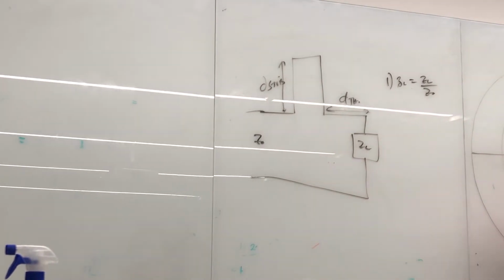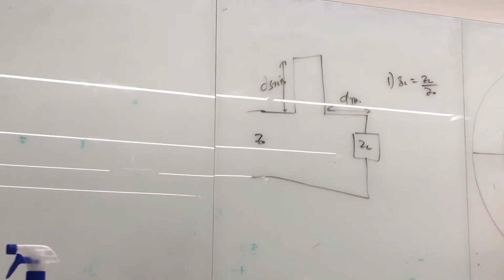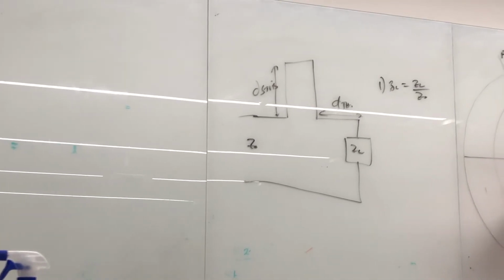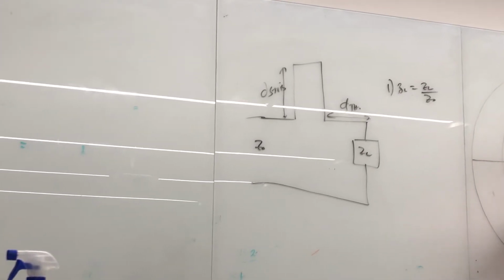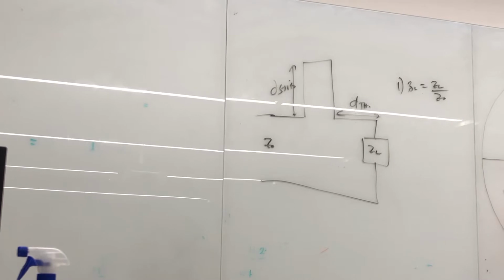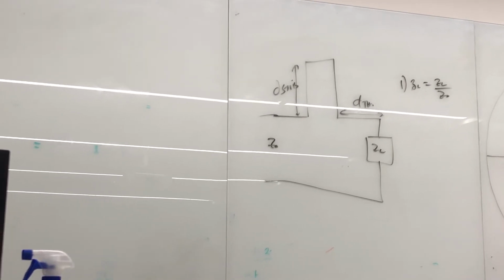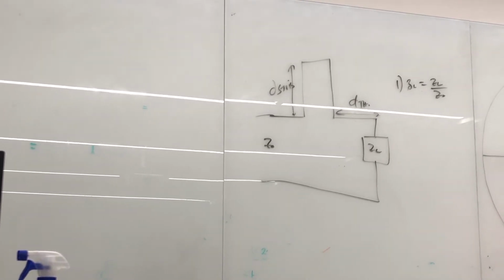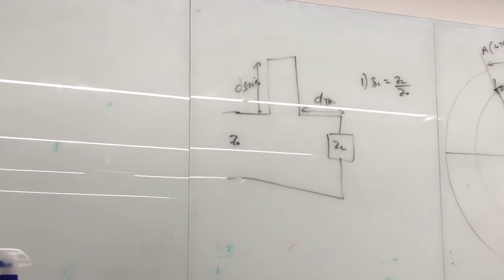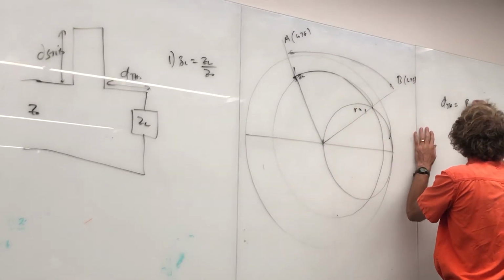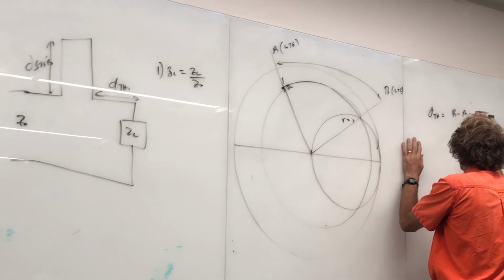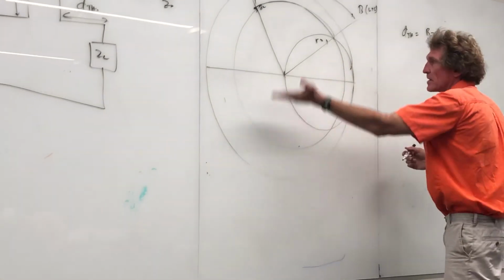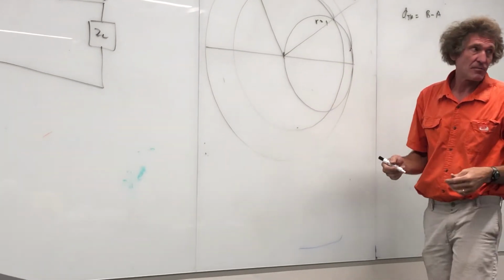And now I move this far from here to here. And that's going to be B wavelengths towards generator. So I can see that my D through is going to be equal to B minus A. And if we were down here and had to do this and it was negative, we'd add half a wavelength to that.